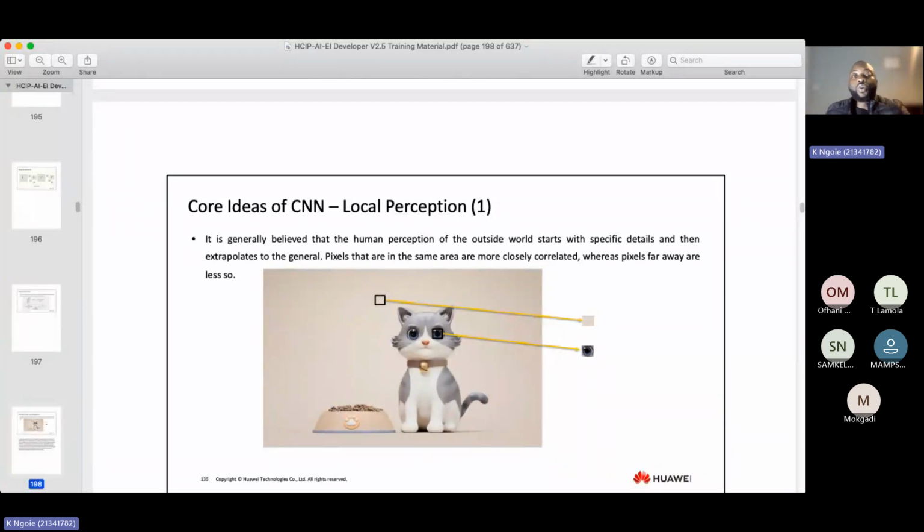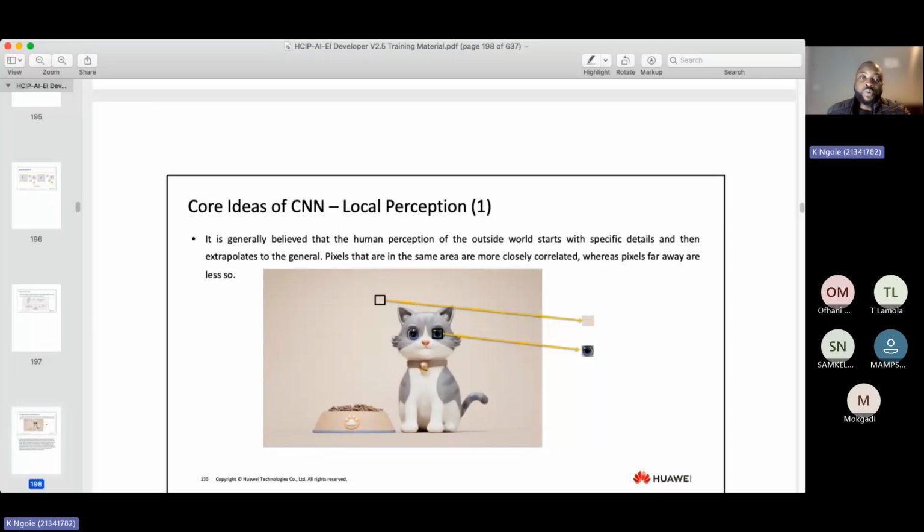So the core idea of CNN is local perception. When we talk about local perception, it means that we look at the information of each pixel. The relationship between pixels in the same area will tell us what we are talking about.